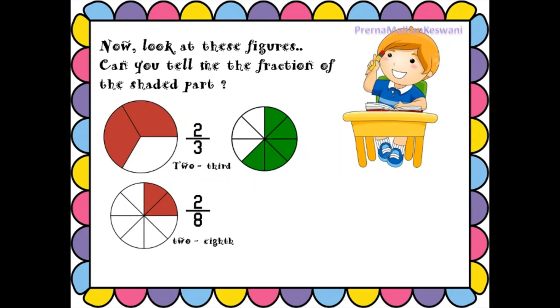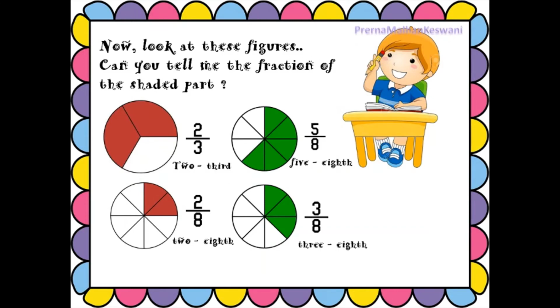Only 5 are shaded. So, the fraction of the shaded part will be 5 by 8 or 5/8. Here also, there are 8 parts, but only 3 are shaded. So, the fraction will be 3/8.